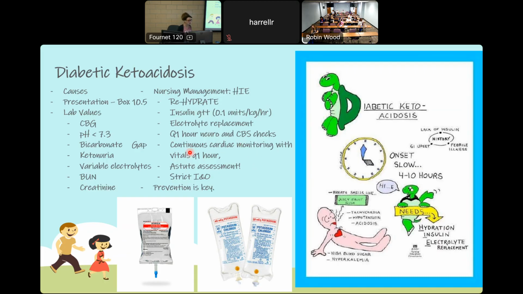Typically, it's not an intubation situation. Respiratory wise, they can look very scary because they're Kussmauling, right? And they're just huffing and puffing, trying to breathe off all of that excess CO2 to bring their pH back where it's supposed to be. And so it can be a very scary situation, especially if you've never seen them Kussmauling very severely.